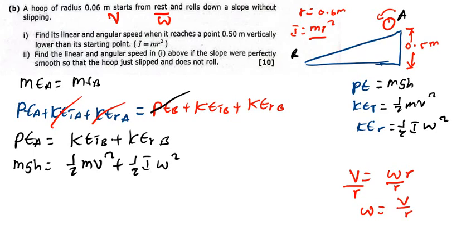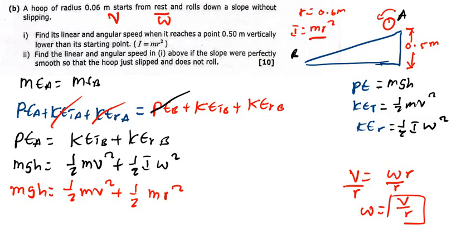I'm going to replace w with v over r. So mgh equals half mv squared plus half times the inertia, r squared, times v squared over r squared, because w is squared. At this point I can cancel r.